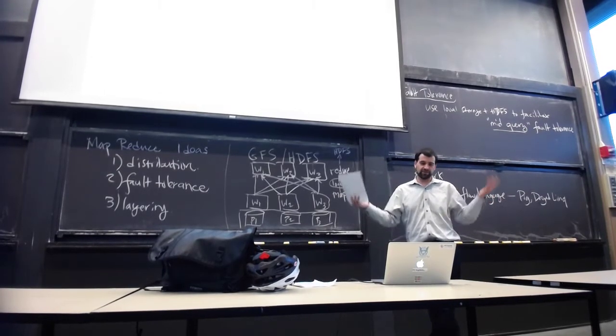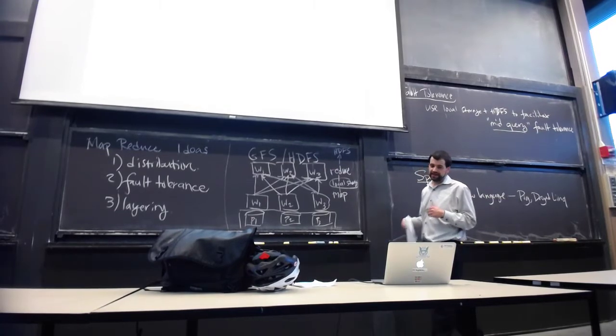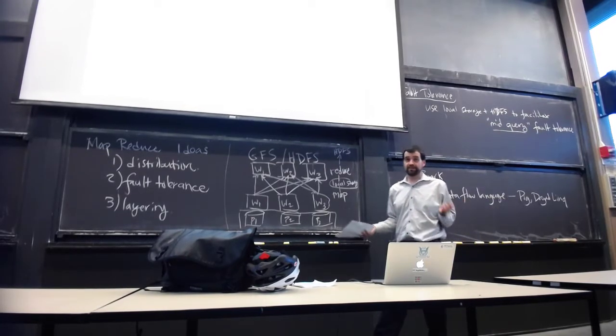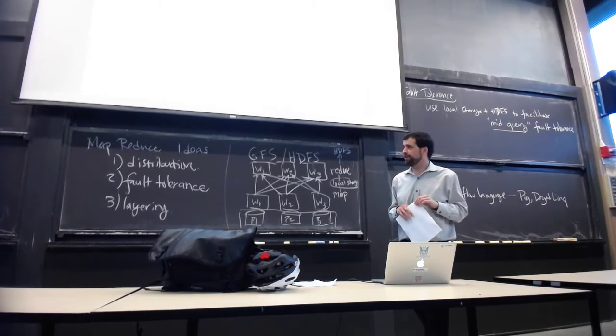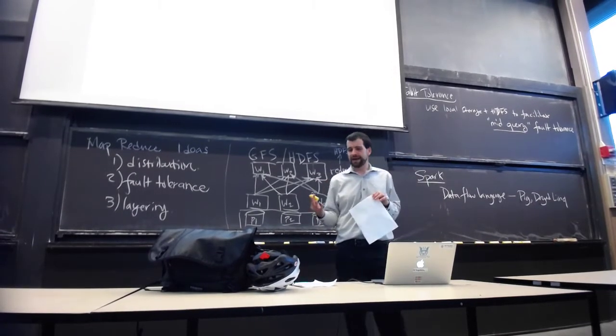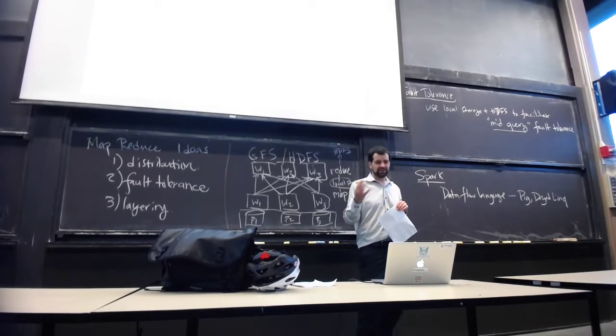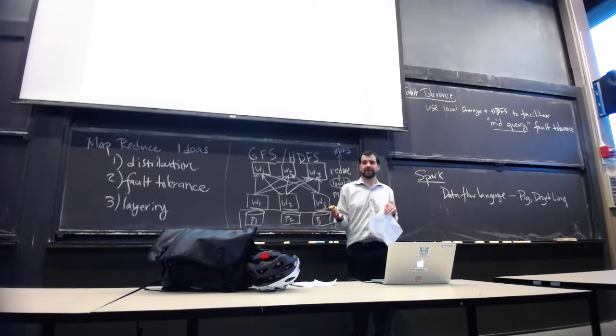I can do maps, I can do reduces, I can do joins, I can do filters, I can do counts, I can do all the kinds of things you might want to do. And you can see why this is a nicer programming model than MapReduce, because although I can do maps and reduces, I don't have to think about expressing everything as maps and reduces.